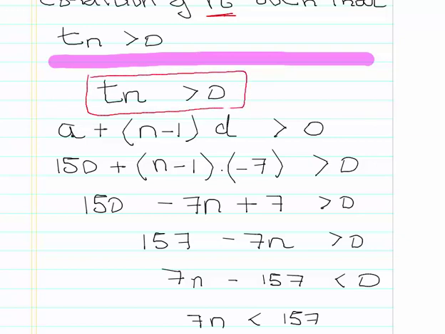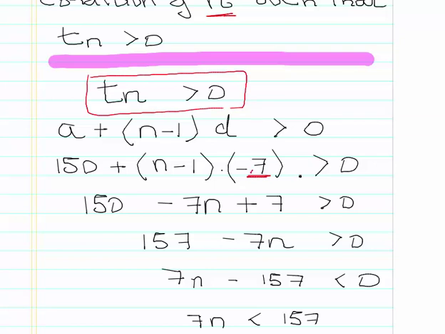So we rewrite Tn as A plus n minus 1 times D, and that is greater than 0. Just using our terms, A is 150, n minus 1, we don't know what n is so we leave that as n minus 1, and D is minus 7.